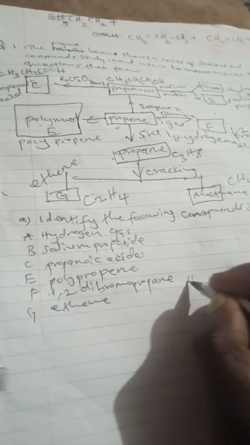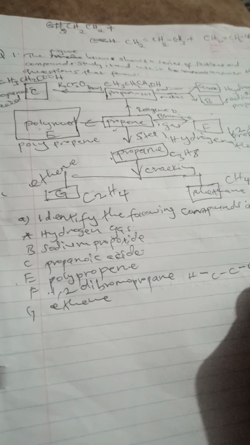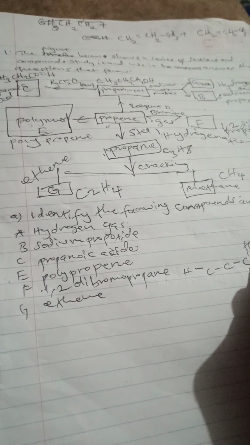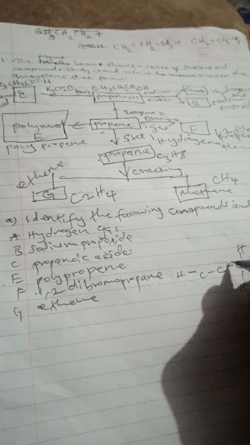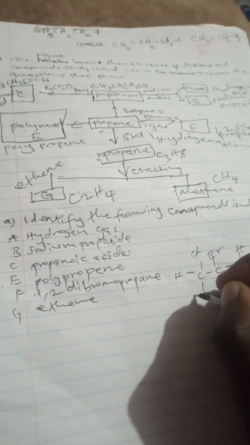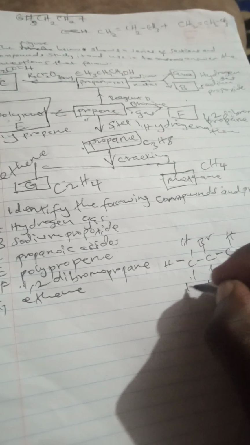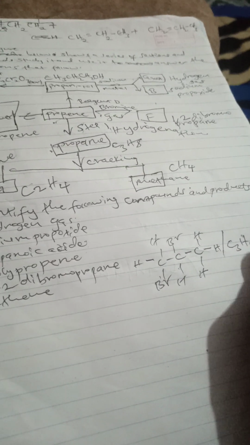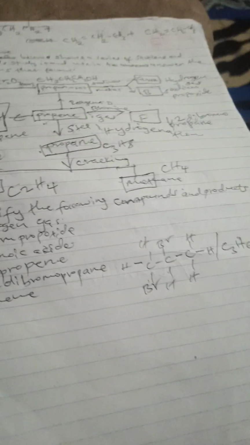How does this dibromopropane look? It looks like this: H C C C H H H. This is bromine. This is hydrogen. This is bromine. Or C3H6Br, dibromo.